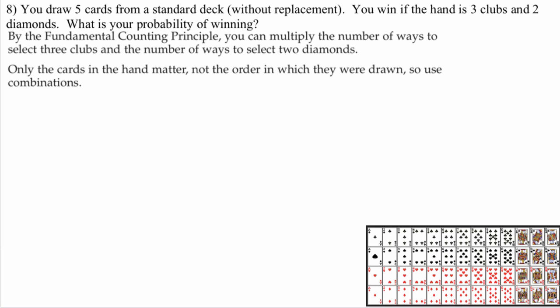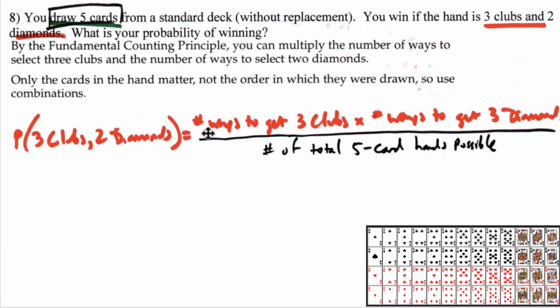It's not. So we're not going to use permutations. We're going to use combinations. The order of the hand doesn't matter. Only the cards in the hand matter. So first, what's the total number of ways to draw 5 cards from 52 total? If order doesn't matter, that's our denominator. There are so many different 5-card hands possible, that's 52C5.